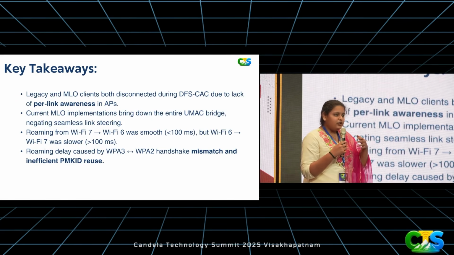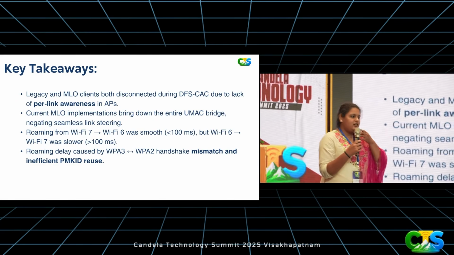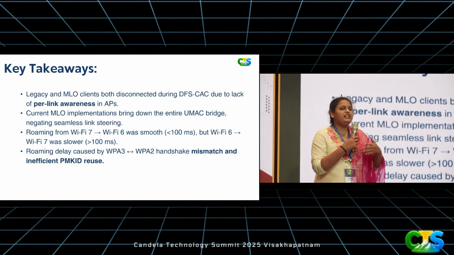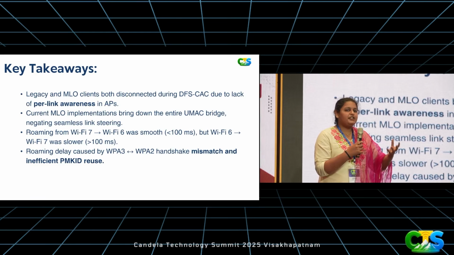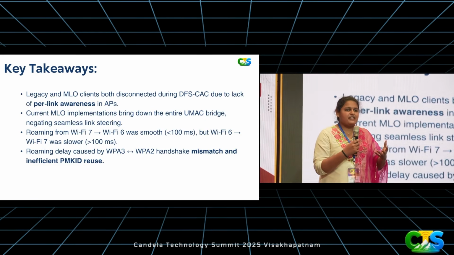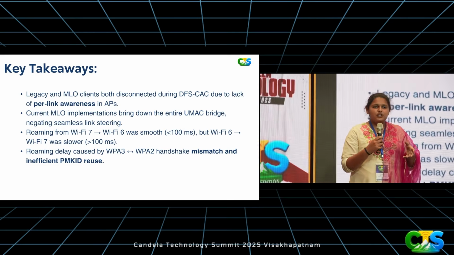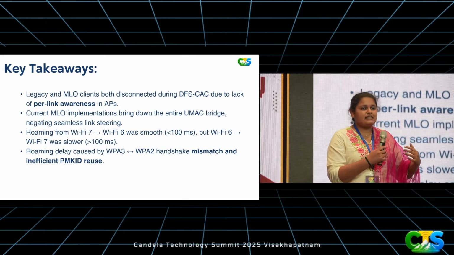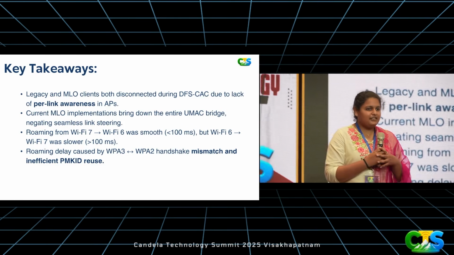So to conclude our presentation, since MLO is a new feature and we are running behind testing the high throughput and other MLO features that Wi-Fi 7 is providing us, it is also important that we look into how well it is coexisting with the already existing features. Thank you.